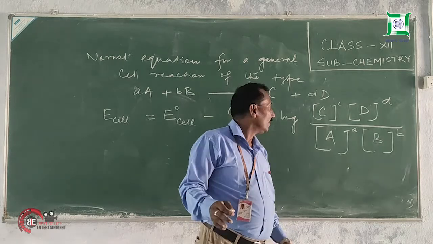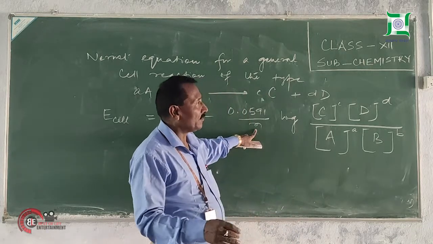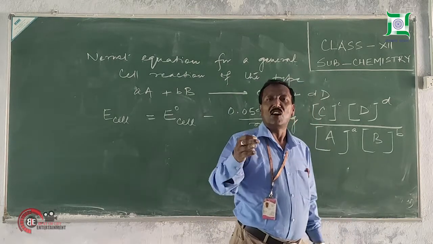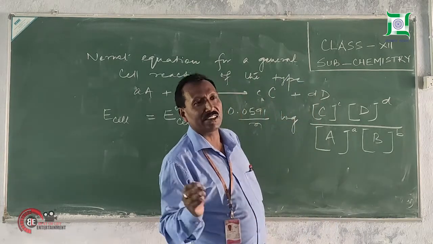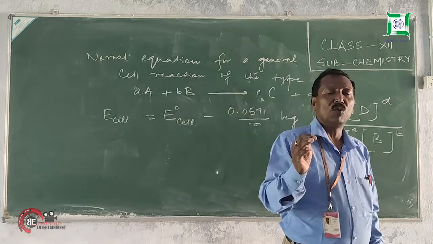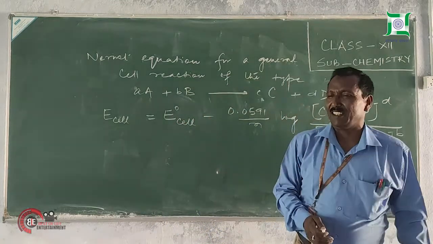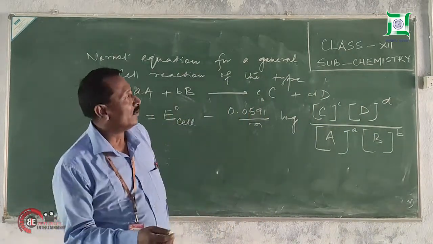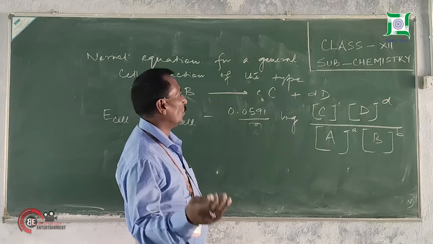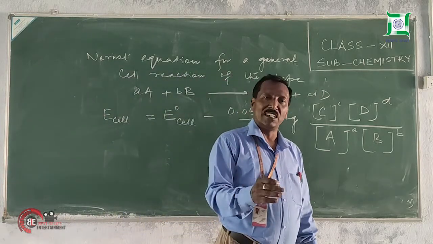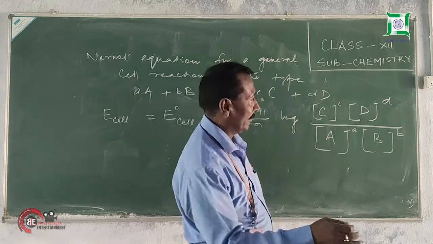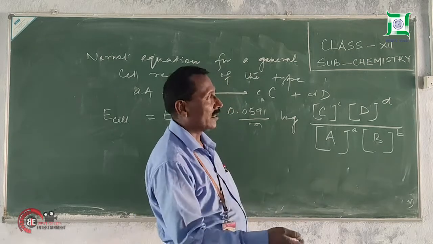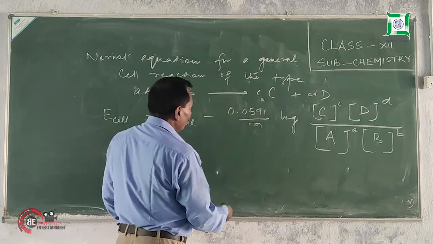The source of energy, or the principle of a galvanic cell, is a redox reaction. There is a simple question: what is the principle of working of a galvanic cell? The answer is that redox reaction is the principle of the galvanic cell, and the source of energy is free energy. That I will discuss in this chapter later on.